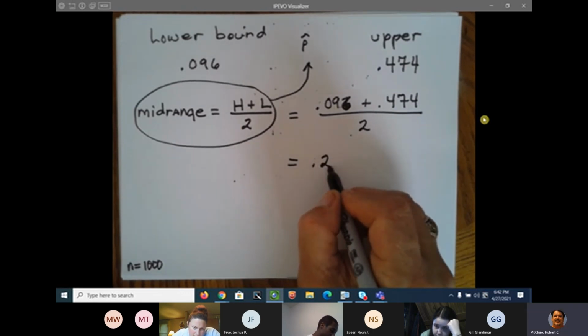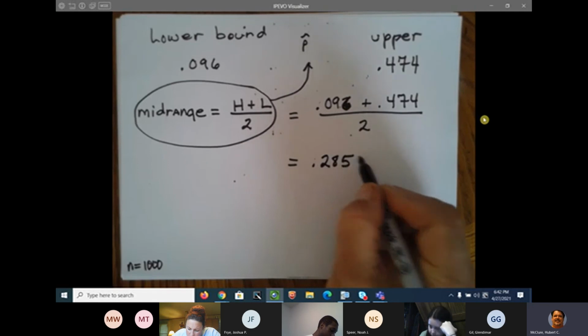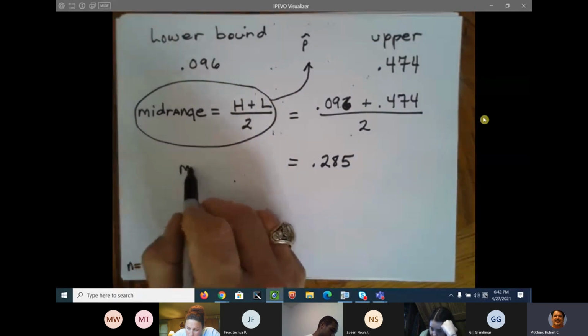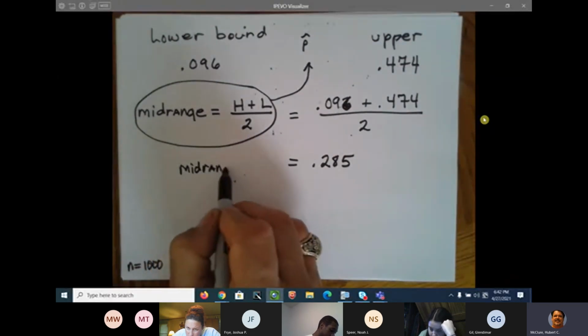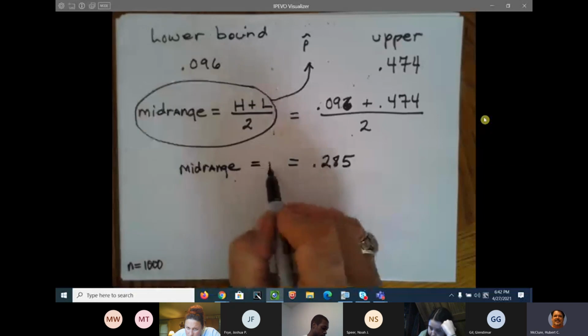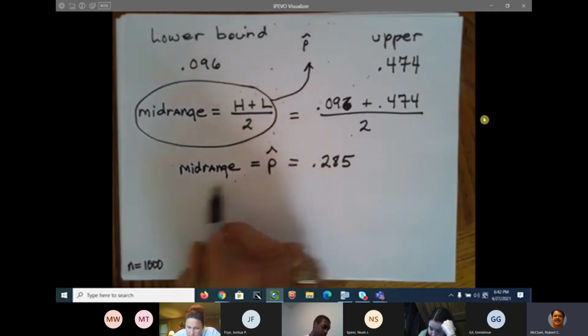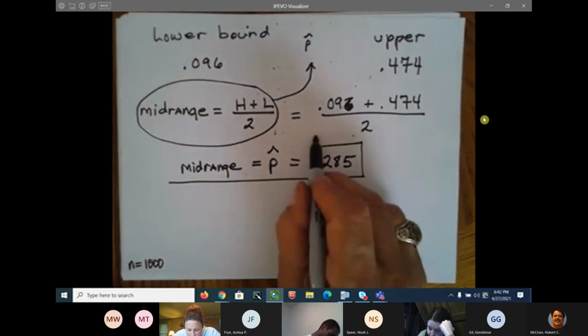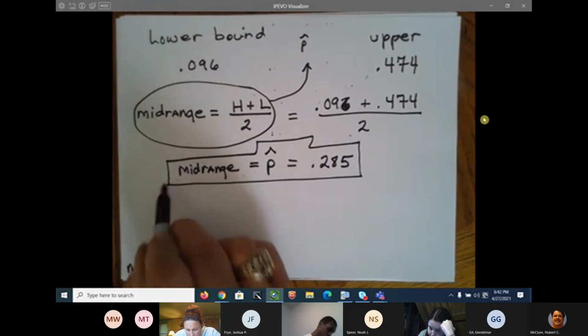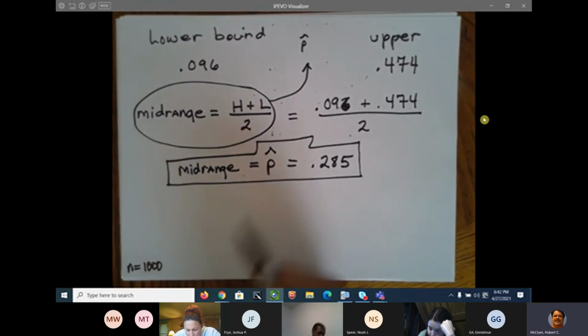And that is your mid-range, which in chapter 9, your mid-range can also be p hat. So that goes in the middle.